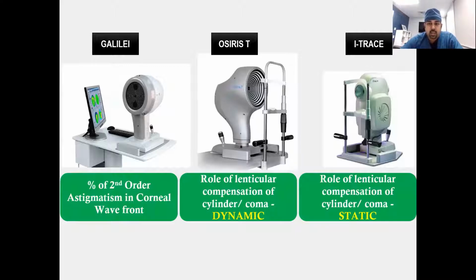An iTrace is also important to understand how the lens affects the actual cylinder, and how the internal aberrations affect the corneal aberrations and the total eye aberrations. OSIRIS-T was another device which we use, which is similar to iTrace, but it can measure the aberrations of the eye dynamically as the patient accommodates. But we are not going to touch upon that because a lot of us haven't used OSIRIS-T here. So we'll predominantly stick to Galilei and iTrace.